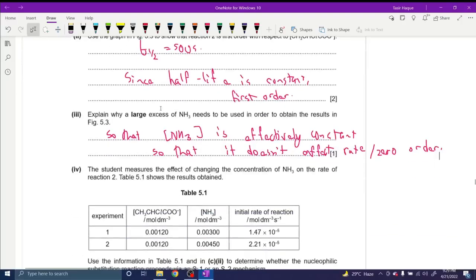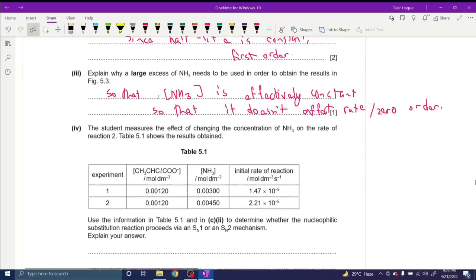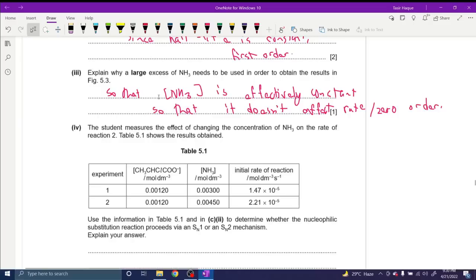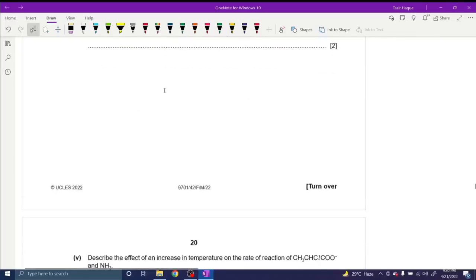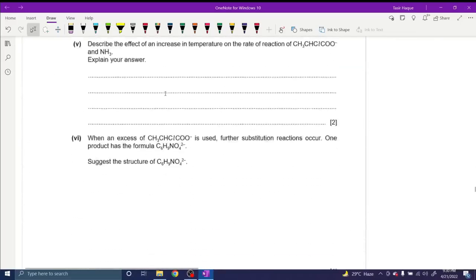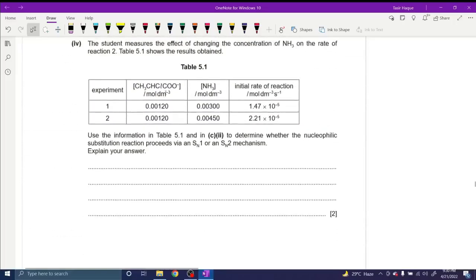The student measures the effect of changing the concentration of NH3 on the rate of reaction 2. Now we're keeping the carboxylate anion constant and changing the concentration of NH3. Let's find this out and then determine whether it's SN1 or SN2. Using experiments 1 and 2, think about what happened to the concentration of NH3.